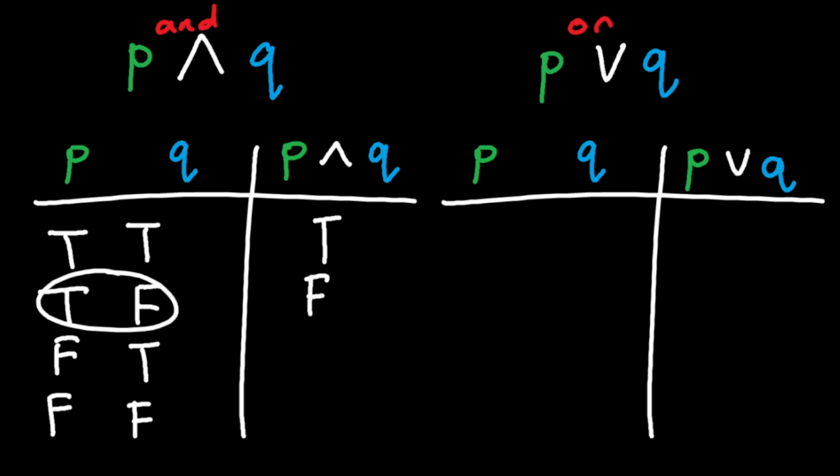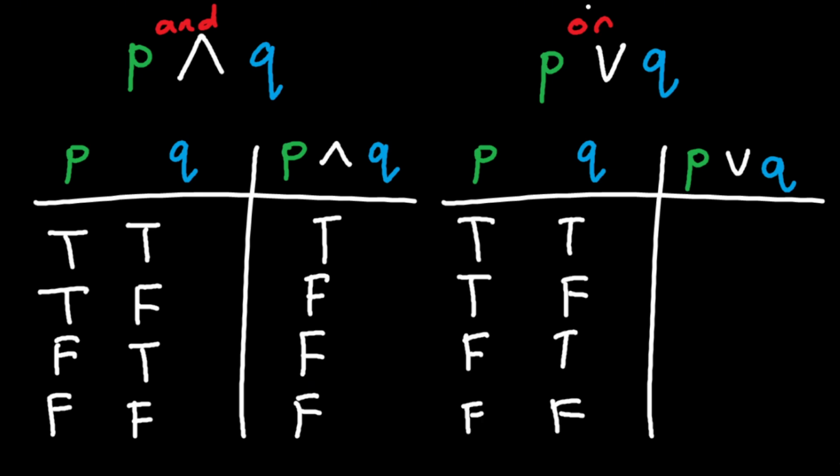In this case, P and Q both aren't true, therefore you get false. There's a false here, therefore you get false for the operation. And for false and false, both of these end up being false. Therefore, they're not both true, so the AND operation gives you false.